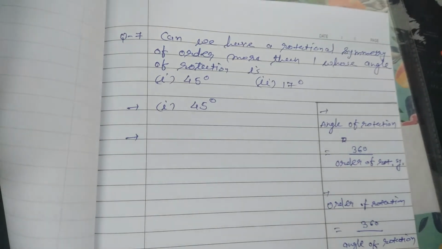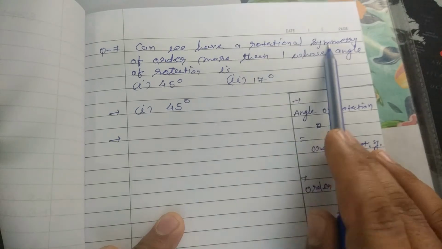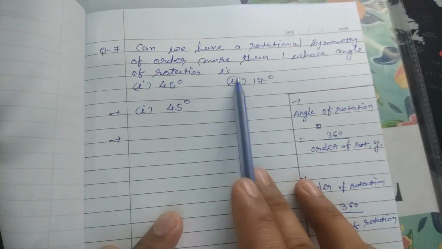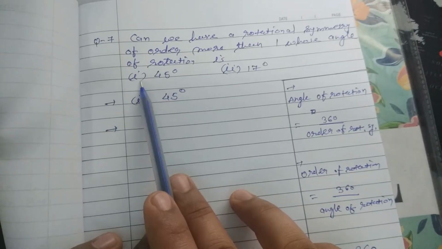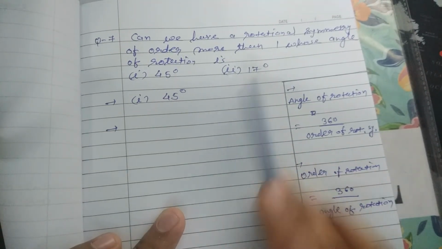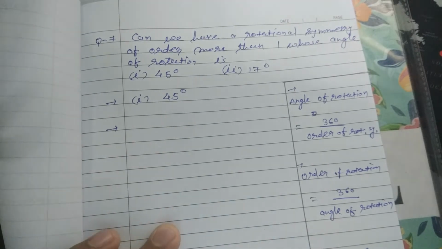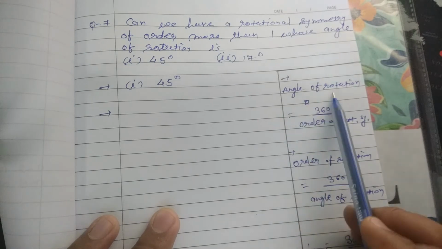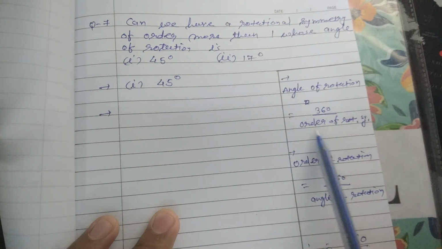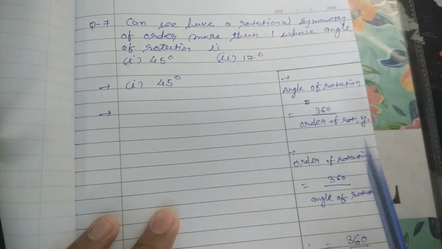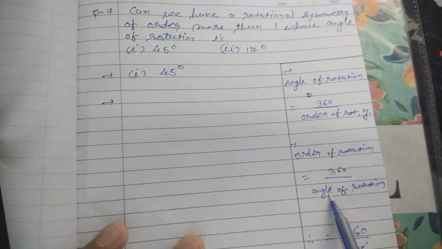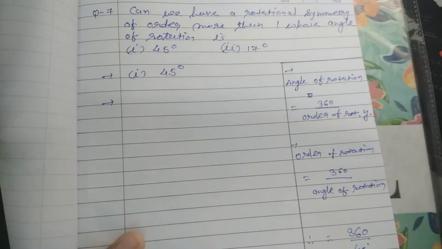Last question of this exercise and also of this chapter, question number 7. Can we have a rotational symmetry of order more than 1 whose angle of rotation is number 1, 45 degrees, and number 2, 17 degrees? So first for 45 degrees, we have already learned that angle of rotation is equal to 360 divided by order of rotational symmetry, and order of rotation is equal to 360 divided by angle of rotation.